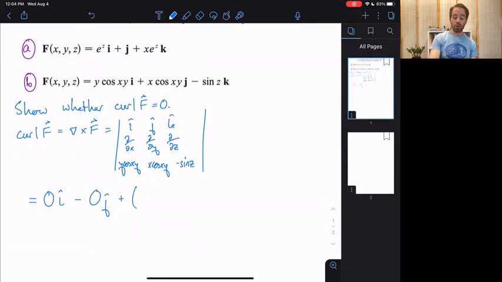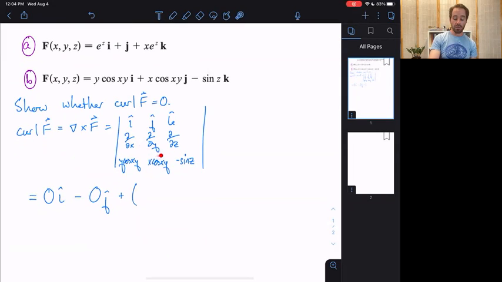Plus, okay, what is the partial derivative with respect to x of this? It's product rule. So it'll be like f prime g, the derivative of the first times the second. That'll be 1 times cosine xy. And then plus the derivative of the second times the first. Because the derivative of the second is going to be minus sine, it will end up being subtraction.